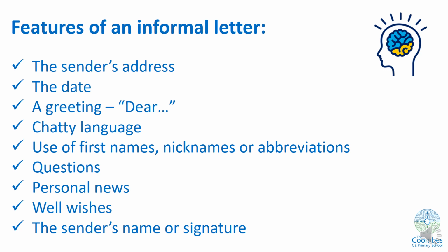You wouldn't normally, or in fact ever, see an informal letter including words like Mr. or Mrs. Informal letters often include questions and personal news and well wishes, and then they will end with the sender's name or signature. I wonder if you got any of the same things as me. Well done if you did.